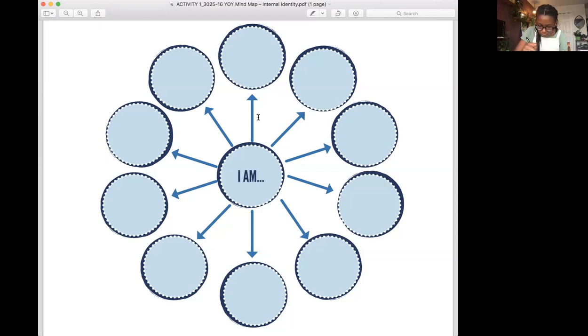And again, if you don't have time to finish it, you can always come back and finish it later. I'm only going to fill out a few here, maybe 1 or 2 more. All right. So I have a couple filled out. I'm going to stop sharing my screen and we're going to take a look at mine for an example, okay?